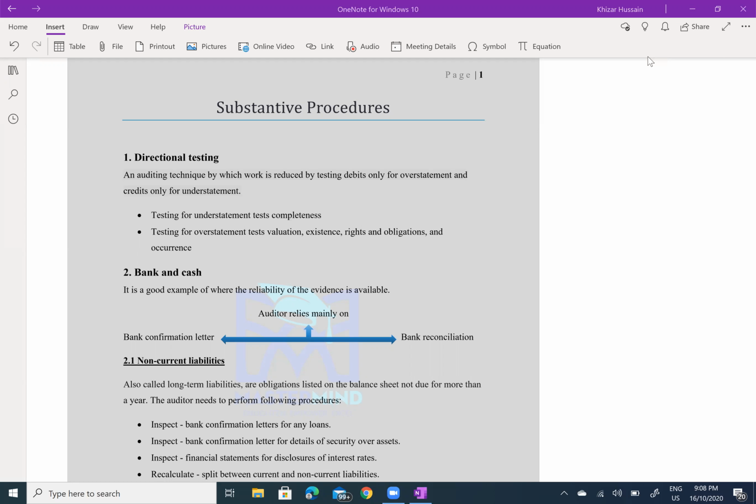And let's say the sales department sends a direction to the finance department. The finance department raises an invoice and records it, right?